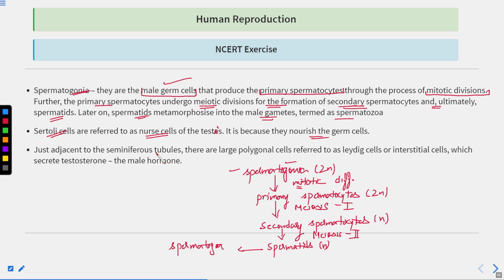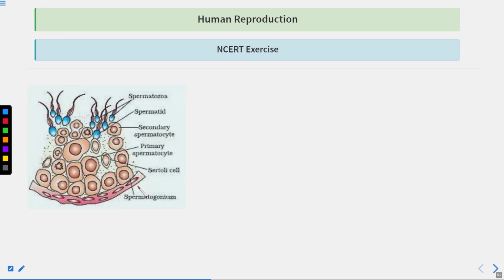Now, just adjacent to the seminiferous tubules, there are large polygonal cells referred to as the Leydig cells, also known as the interstitial cells. We've already seen the function of Leydig cells: they secrete the male sex hormone, which is known as testosterone. You can say that on the outer side of the seminiferous tubule, these Leydig cells are present.